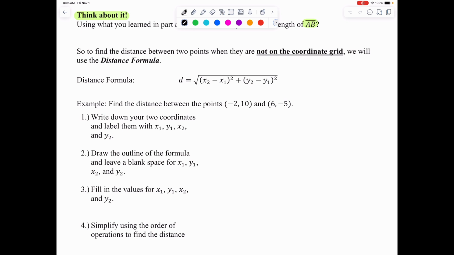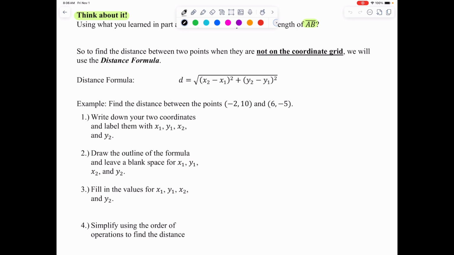We have to find the difference in the y's for the vertical distance. So knowing what we know about the Pythagorean theorem, if we take those two distances, square them, add them together, and then take the square root, we end up with the hypotenuse, which will be the distance between the diagonal part that we can't find. That's where that formula is coming from.